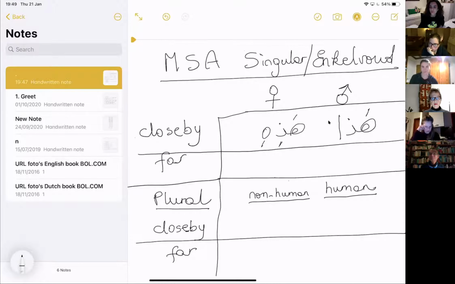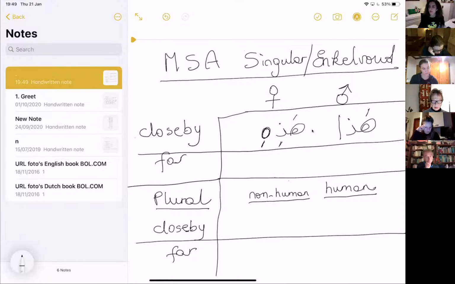Okay, let's go to the feminine one. هذه. This last letter here, that's the ha, yeah, with the kasra. So you pronounce this as هذه. Okay. The examples in your book is this girl. هذه البنت.